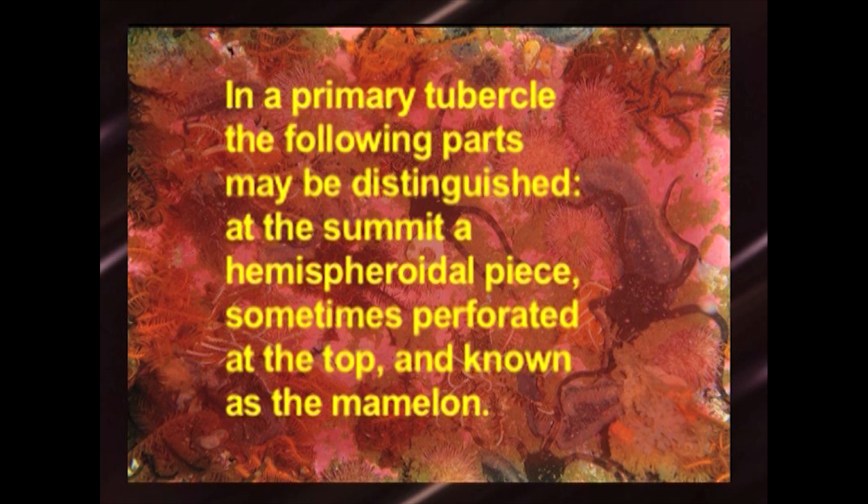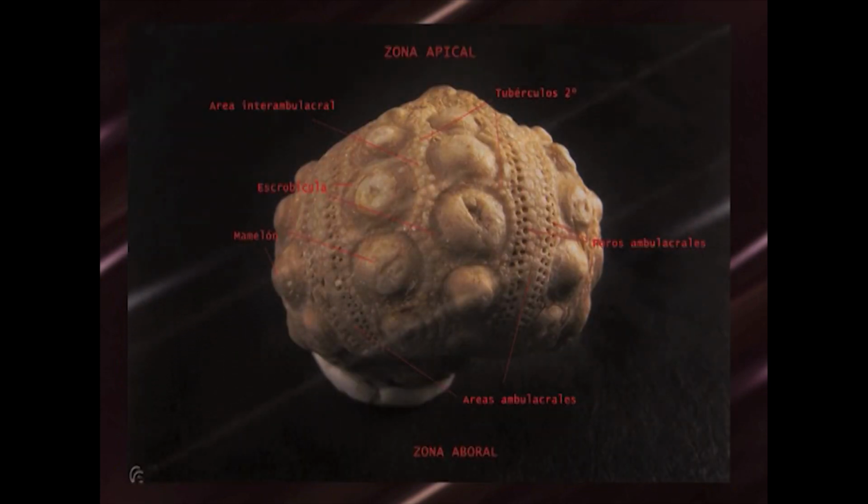At the summit, a hemispheroidal piece, sometimes perforated at the top, known as the mamelon. The mamelon rests on the boss, the upper margin of which is sometimes smooth, sometimes crenulated. The base of the boss is frequently surrounded by a smooth excavated space, the areola or scrobicule, to which the muscles from the spine are attached.